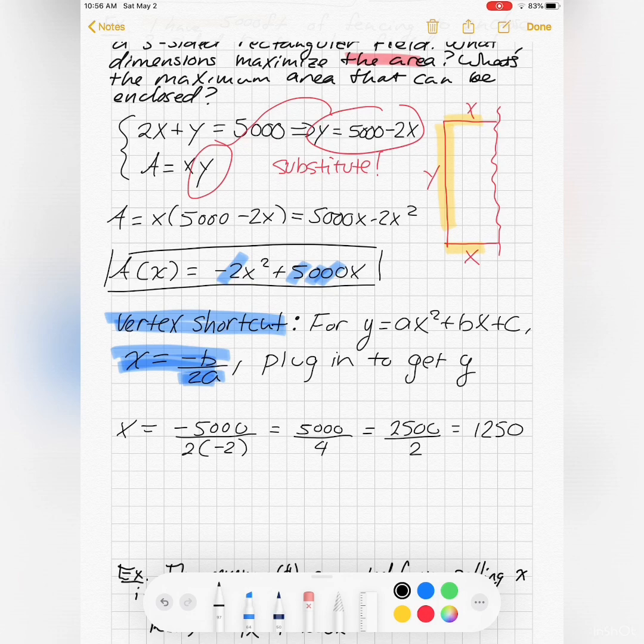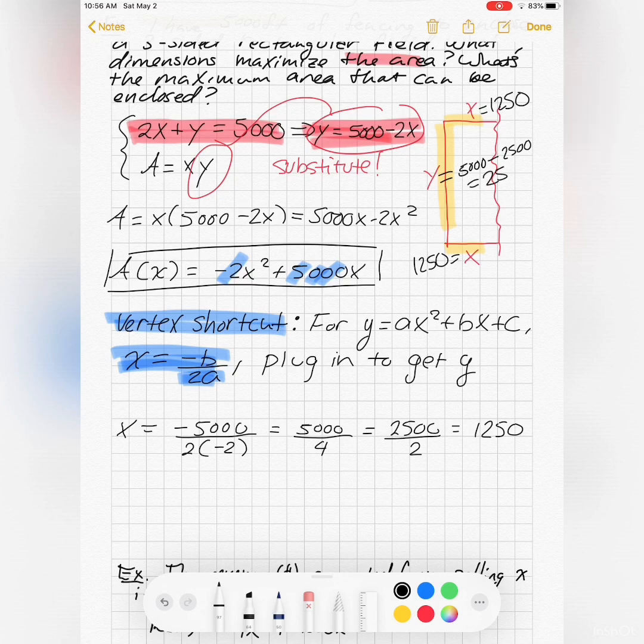Okay. So what did I find? I found the length of this side x here, for which the area of that rectangle is going to be maximized. Okay, how do I get the matching y value? Well, remember that the 2 x's plus the 1 y, that has to add up to that total of 5,000. So couldn't I use this equation? Wouldn't that just be then the 5,000 minus 2 times 1,250, which was 2,500?